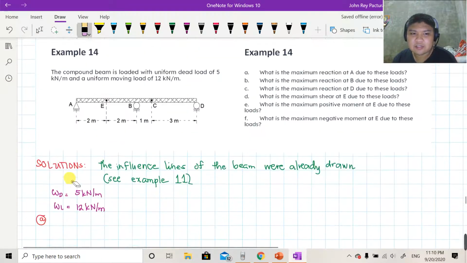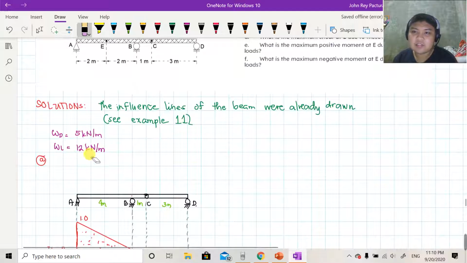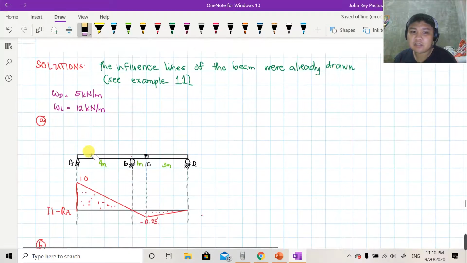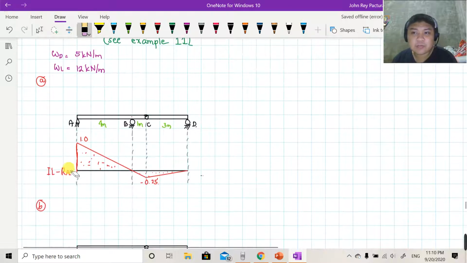So, nilagay ko lang dito that the dead load and the live load is 5 and 12 kilonewton per meter respectively. So, yung unang tanong, what is the maximum reaction at A? So, kung maalala nyo class last time for the analysis ng influence line, so paano natin mamamaximize yung ating reaction? So, di ba, pipili ka lang ng specific region kung saan yung maximum o saan yung mas malaki yung area.